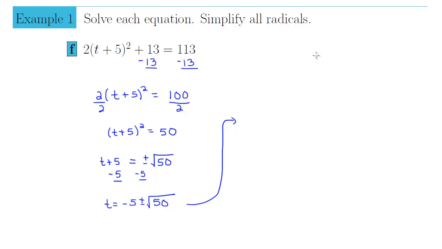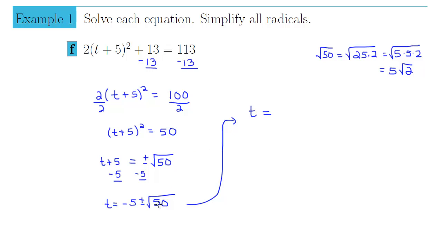What can we do with the square root of 50? Off to the side, the square root of 50 is equal to the square root of 25 times 2, which is the same thing as 5 times 2 under a square root, which means we can pull out this factor of 5. So the square root of 50 is simply 5 times the square root of 2.